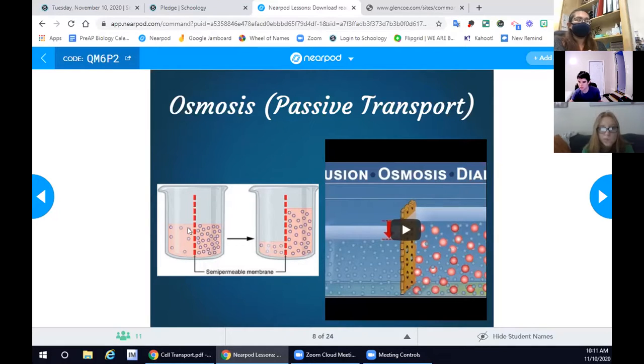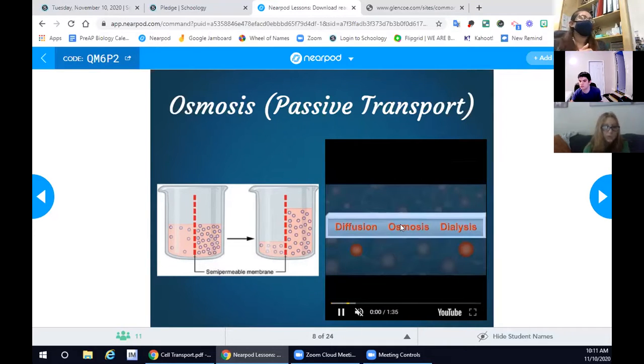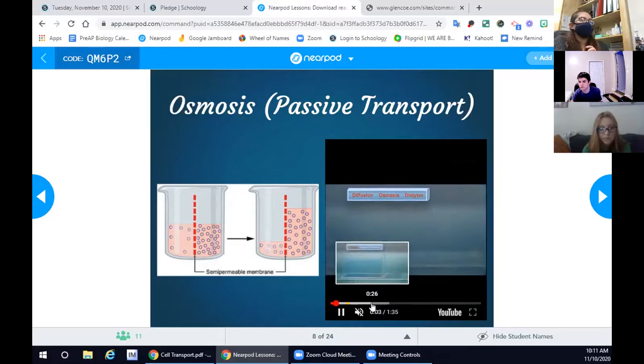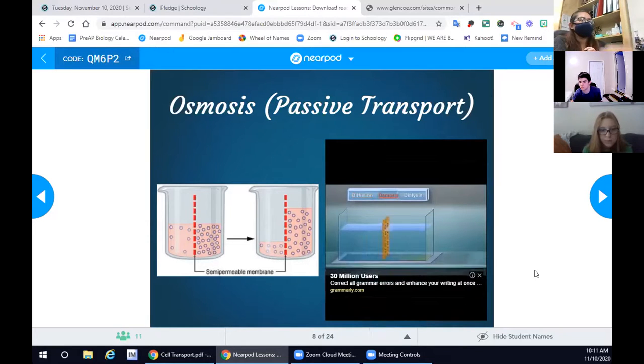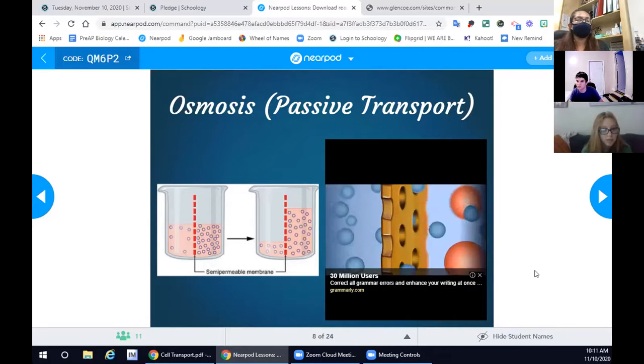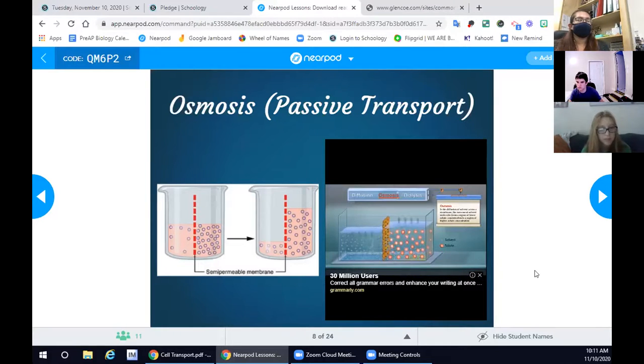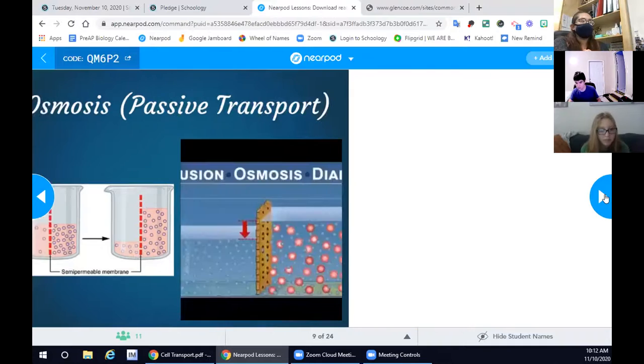Not these equal levels, but the ratio from molecules to water. So again, water is just going to continue to move through the semi-permeable membrane until all the ratios are balanced.